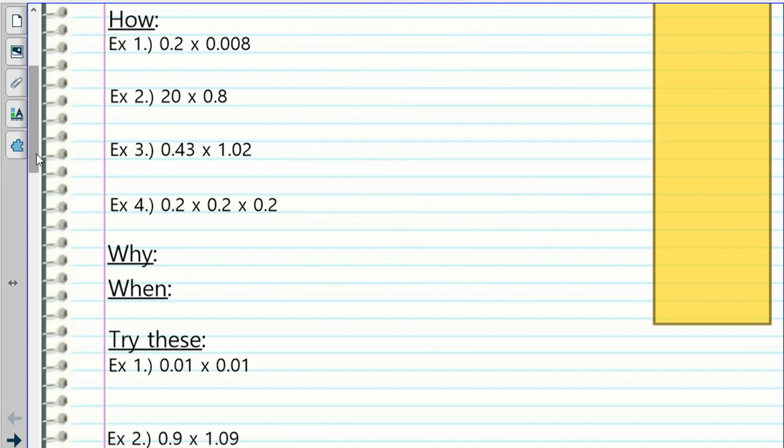Now likewise for number 3, 1.02, and here I got 0.43. Something that I did not emphasize so far is multiplying 2-digit with 3-digit numbers, which involves adding a placeholder and whatnot. Again, I learned this slightly differently growing up in Hong Kong.